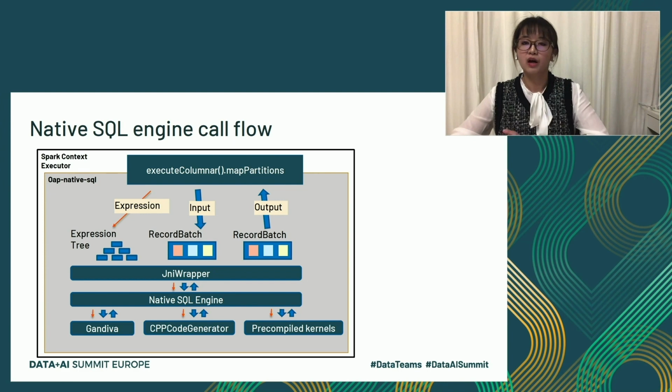And we also need to use the top layer to treat columnar batches as the intermediate data between RDDs. The middle layer is a JNI adapter, which builds Gandiva expressions into different kernels. So this layer is easily extended to hook more libraries.